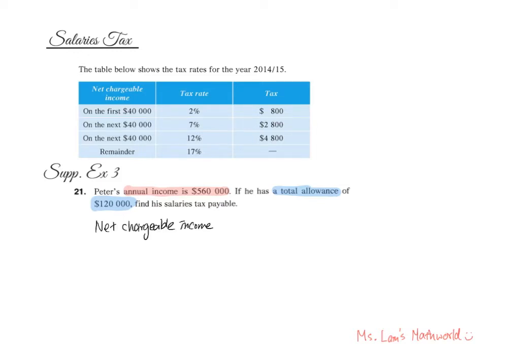So step 1, find the net chargeable income. I write down number 1 here: net chargeable income is equal to annual income minus total allowance. Then you can calculate carefully by using a calculator.